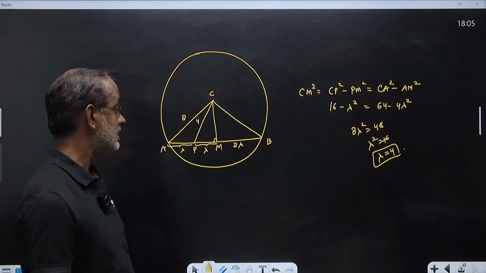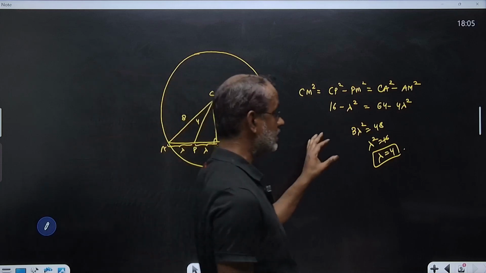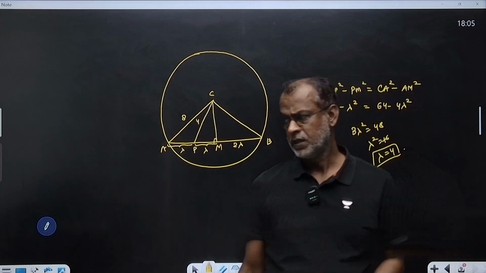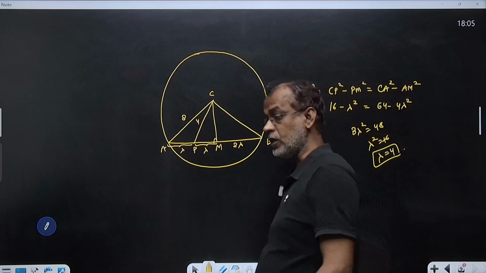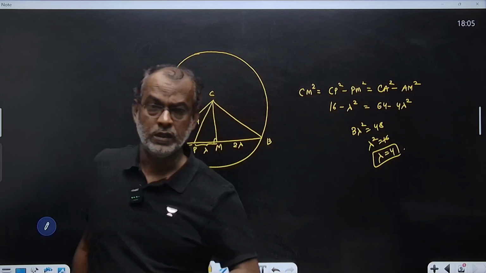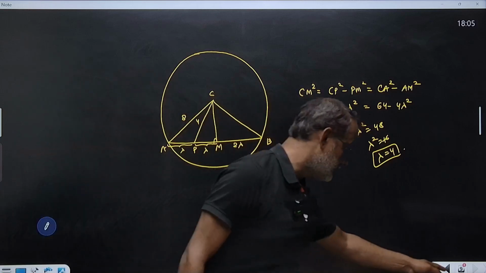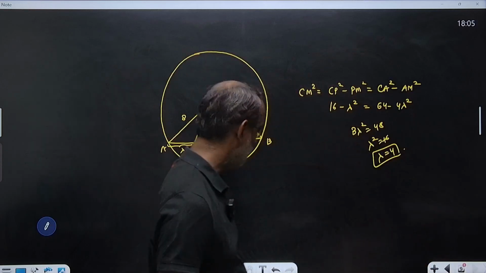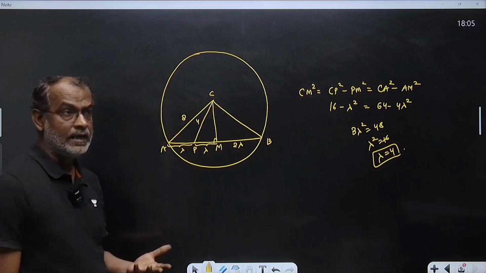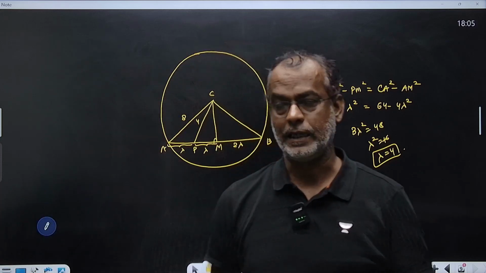So, what you can see is that initially the problems that we are doing are primarily of length chasing, but the properties of circle that we have gone through has helped us in solving it. We could have used this also, I am not denying it, but I would have preferred it being done this way. Again it is not something, it is an individual's priority, what priorities he had set up.